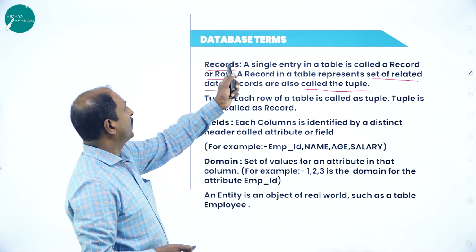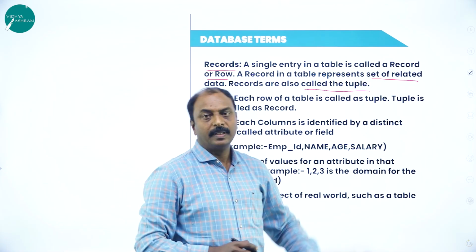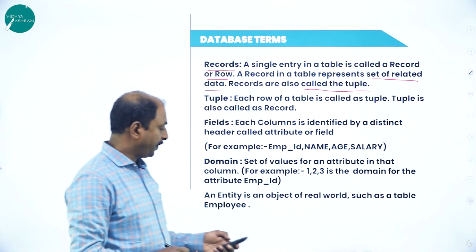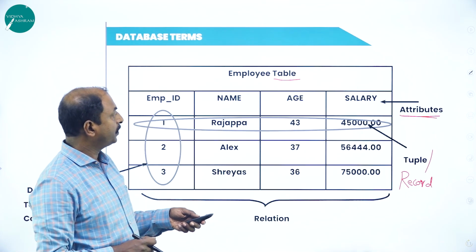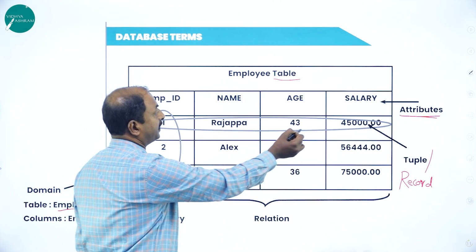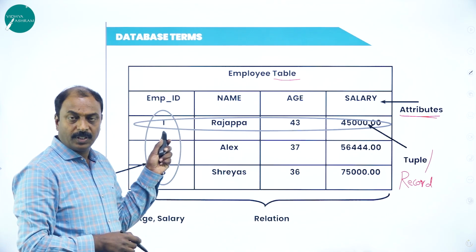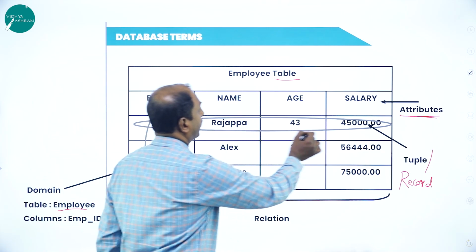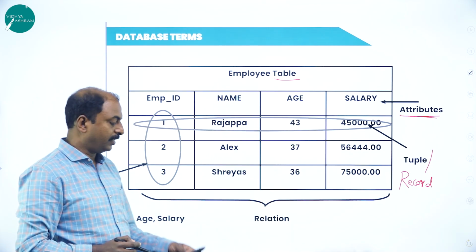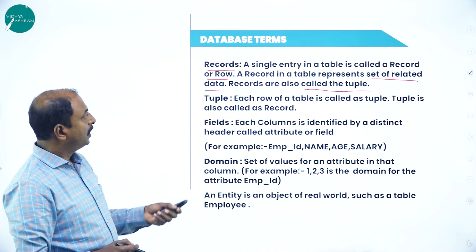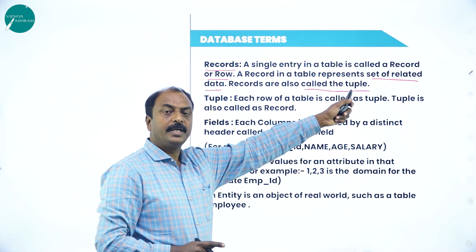So here record is the place where we can store data. In the previous diagram, this one row is information of one particular employee in this example. So this is one record. This is one record. So that is the definition of a record here. And another name of record is tuple.